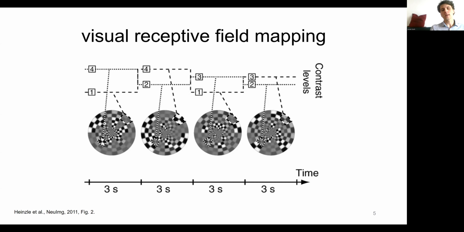Every 3 seconds, the illumination intensity or visual contrast levels of all sectors were changing, flickering checkerboard again, and so on for 100 times during one fMRI run.